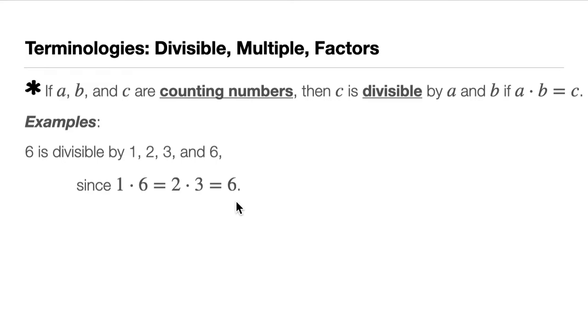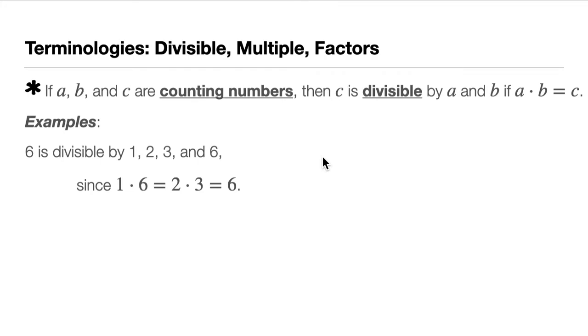When we divide 6 by any of these four numbers, the result will still be a counting number. So we say that it is divisible. Imagine C as 6.